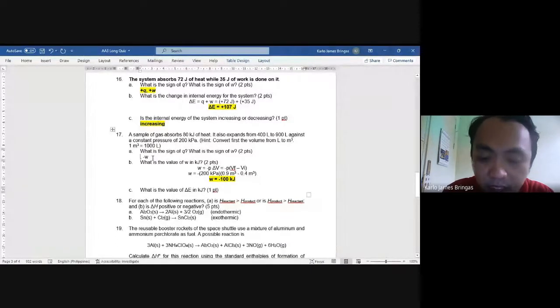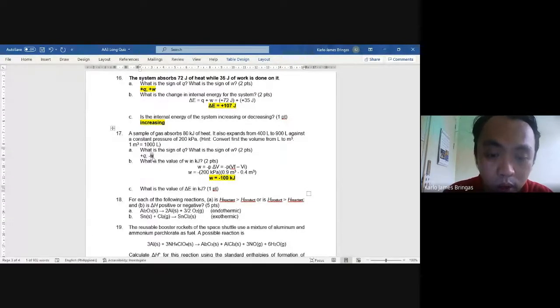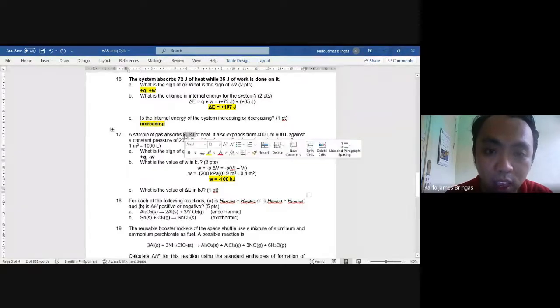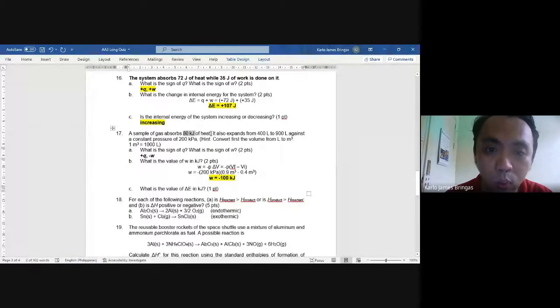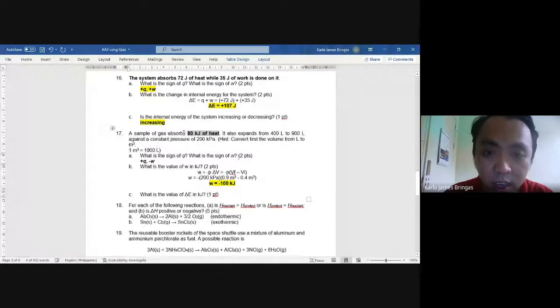So since, again, the gas is absorbing heat, so positive ang sign ng ating Q. So all that's left to do now is to input our given value na 80 kilojoules of the heat with the work that we've computed, which is negative 100 kilojoules.